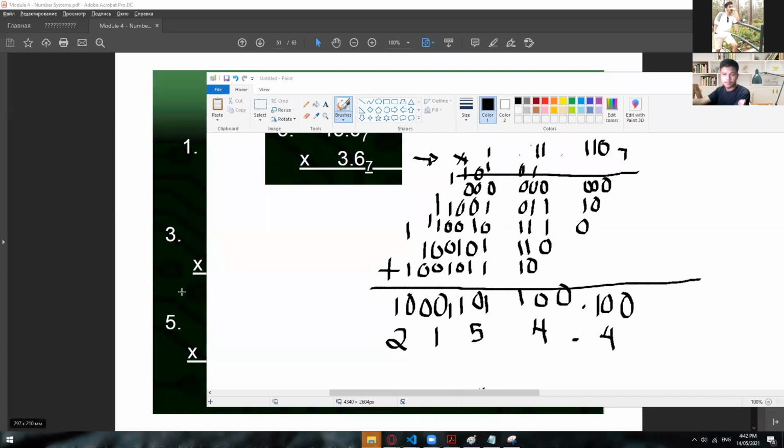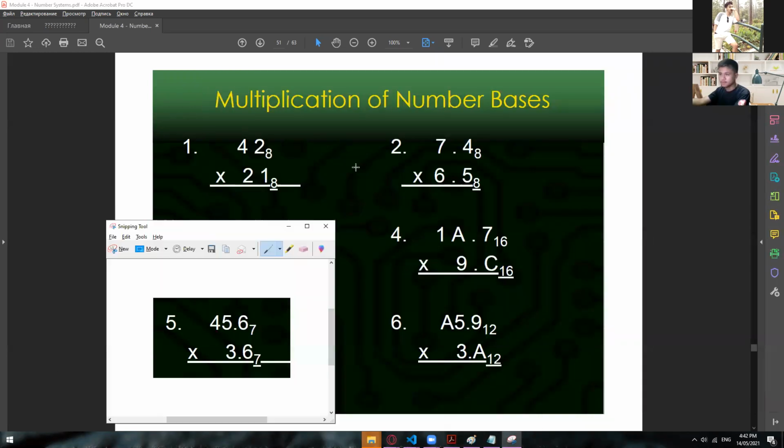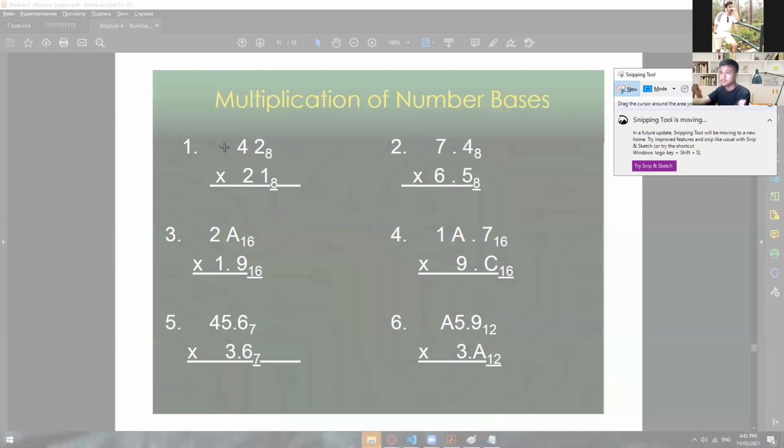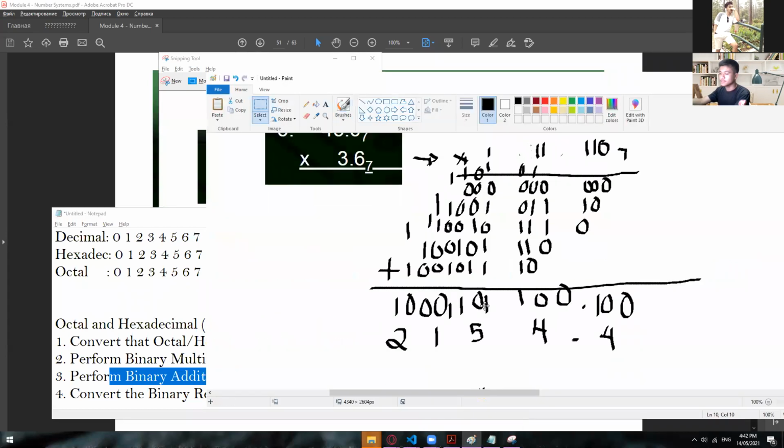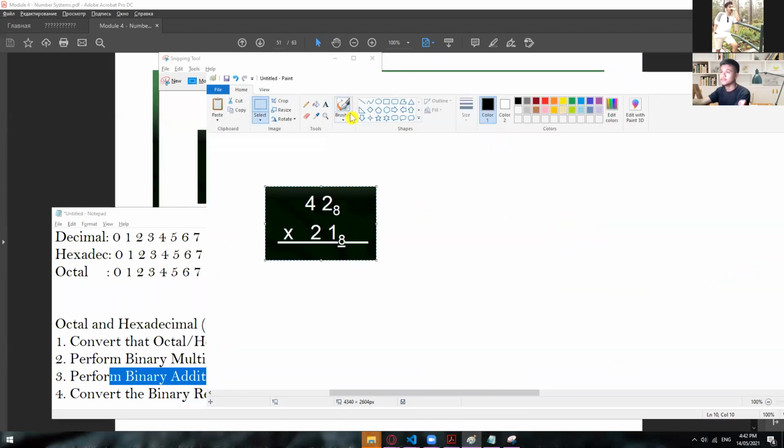All right. Okay, so let me just repeat the number 1, but the same process. So in here we have base of 8. So it is still 3 bit. So 4 is 100, my bad. And then for 2, it's 010. Okay. And then 3 bit of 2 is 010. And then 1 is 001.